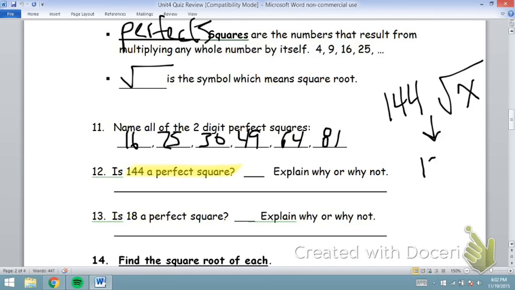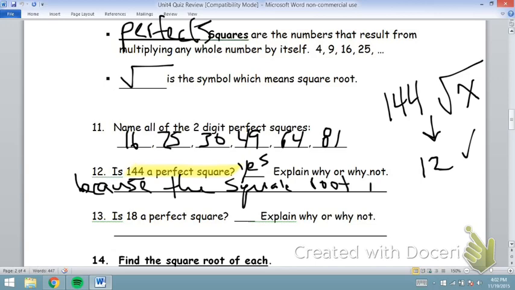And if you get a whole number, meaning a number that does not contain a decimal, then it is a perfect square. So in this case, yes, 144 is a perfect square. That's because the square root is a whole number or does not contain a decimal. It's the same idea. A whole number is any number that doesn't have a decimal in it. Okay.